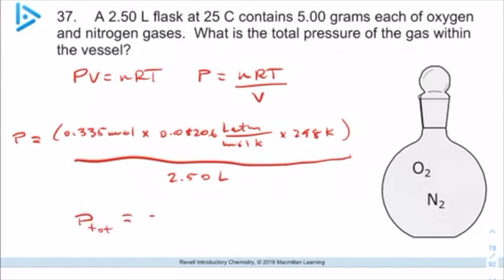And we'll find that the total pressure equals 3.28 atmospheres.